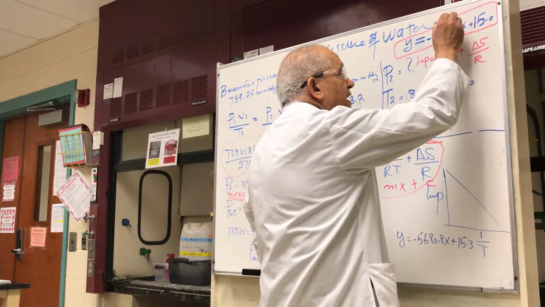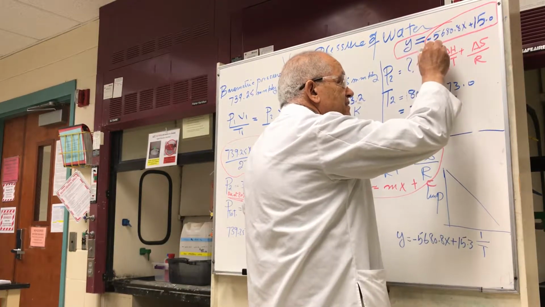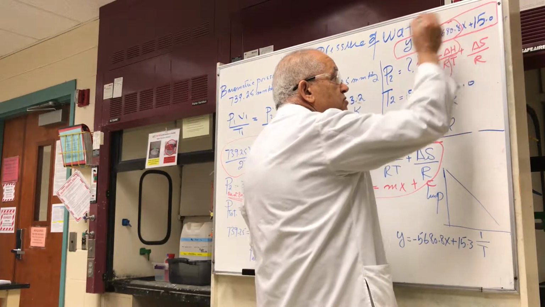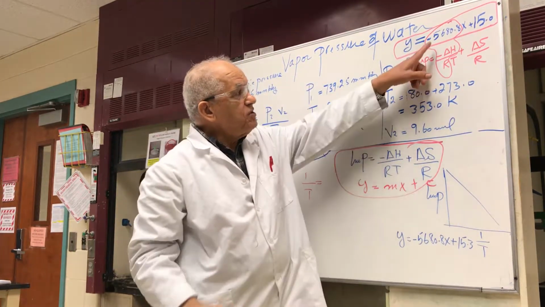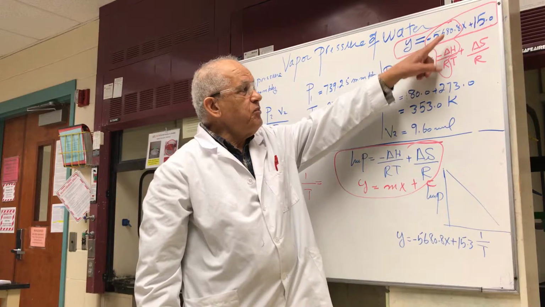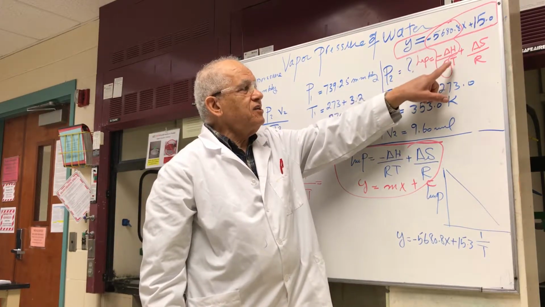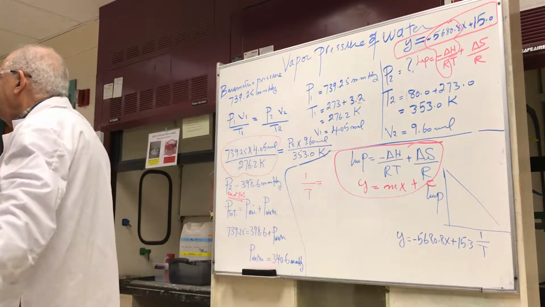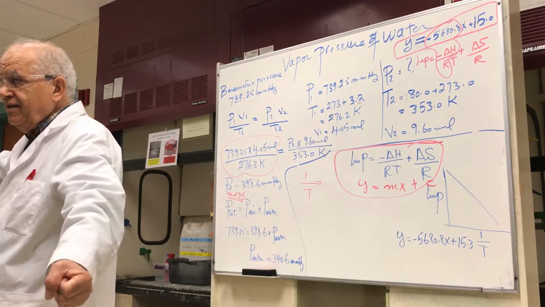This is your slope, guys. So your slope, minus 5680.8, equals minus delta H over R, and you know the value of R, and then you get delta H, right?